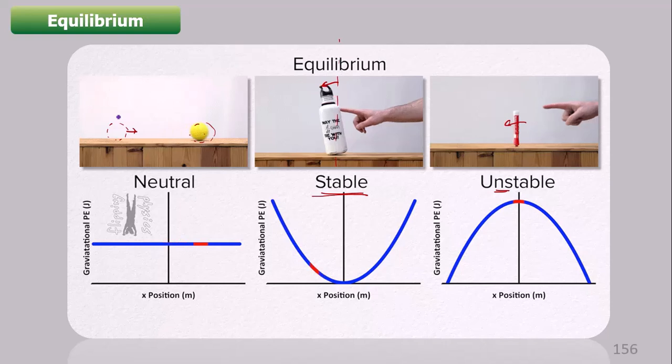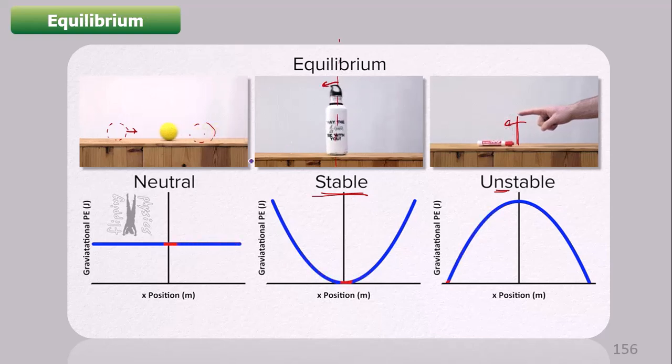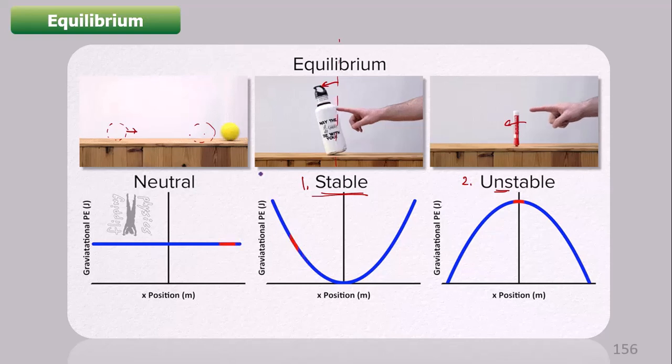I cannot say the particle is falling down or moving upward. It is always keeping the same position. So I am saying that this equilibrium is neutral. So the possible equilibria are three types: stable equilibrium, unstable equilibrium, or neutral equilibrium.